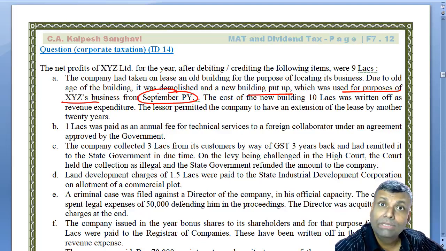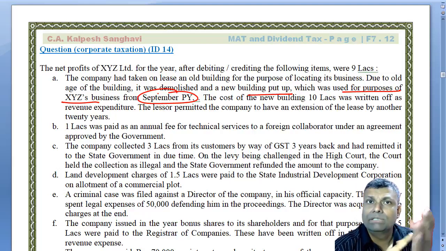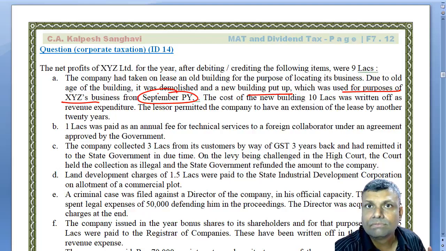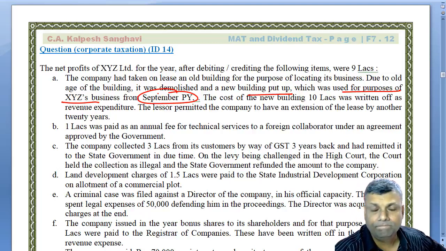So for tax law purposes, full rate and half rate can also matter, and that is the reason this September of the previous year is printed. That means roughly if you see October, November, December, January, February, March, 6 months. So the 180 days test is satisfied, and therefore it will be eligible for the full rate of depreciation.